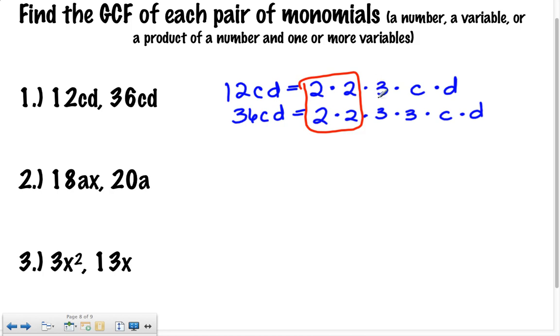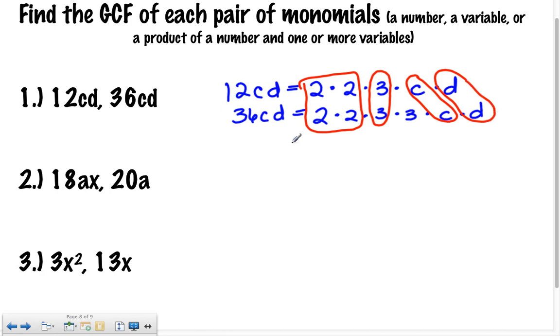And then we have 1 3 in here, but we have 2 3's down here. That means there's only 1 3 in each one that actually match up. So this extra 3 is not going to be part of the factor between these two. It's only a factor of 36. And then we have a C in both of them. And we have a D in both of them.